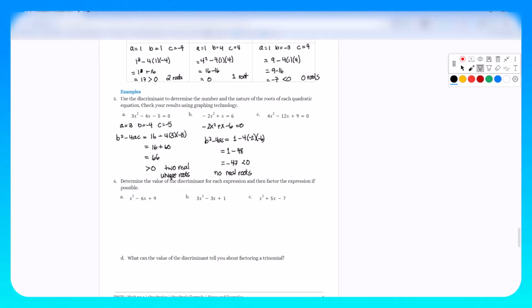This one is already in the form we want, so we're going to go b squared minus 4ac, which is going to give us b squared is -12, which is 144, minus 4 times 4 times 9. 144 minus 16 times 9 is 144, which equals 0, which means we have one real, unique root.